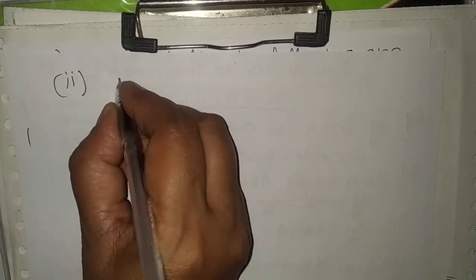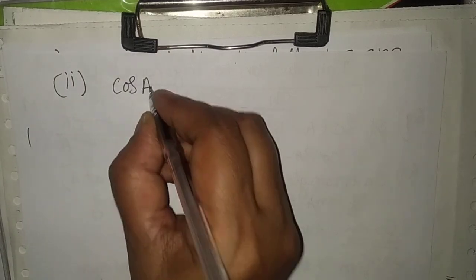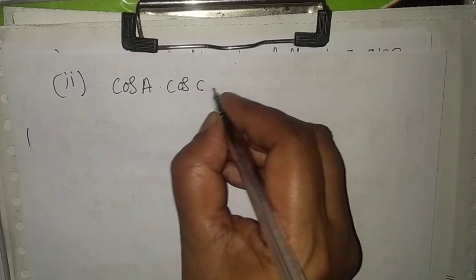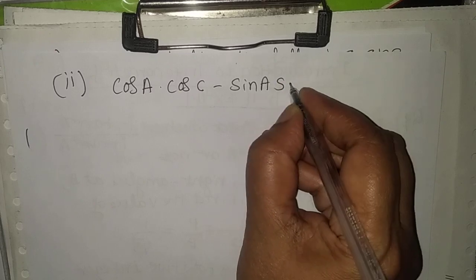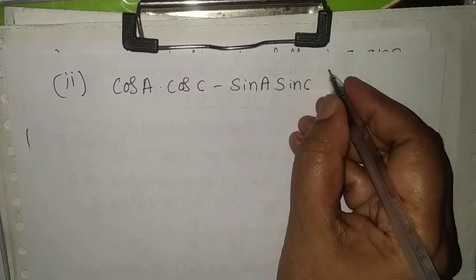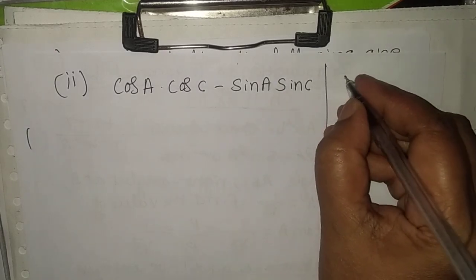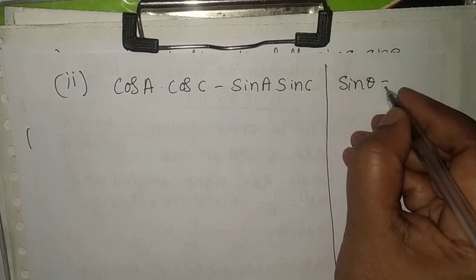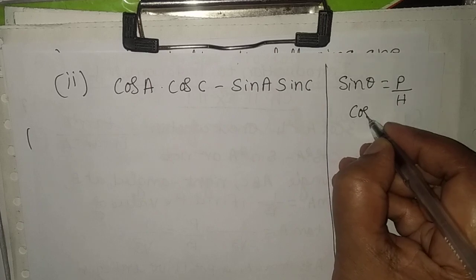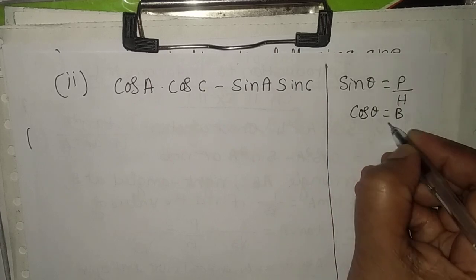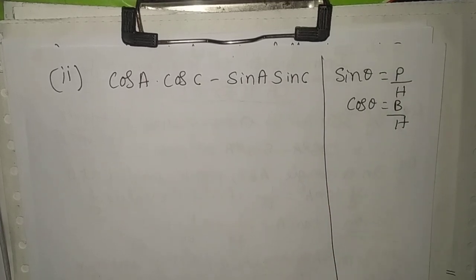What is the second part? Given as cos A cos C minus sin A sin C. We will write down sin theta is equal to perpendicular by hypotenuse, cos theta is equal to base by hypotenuse.